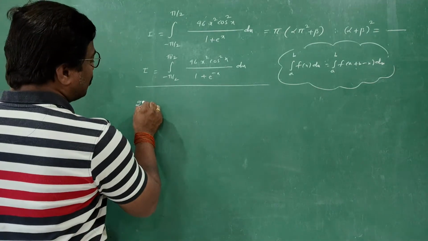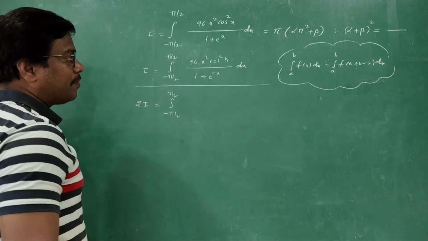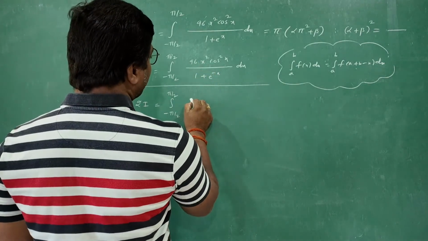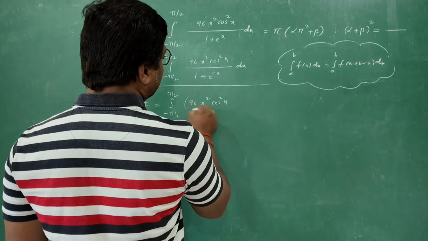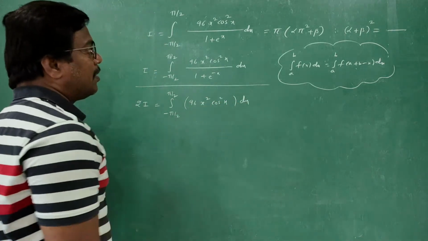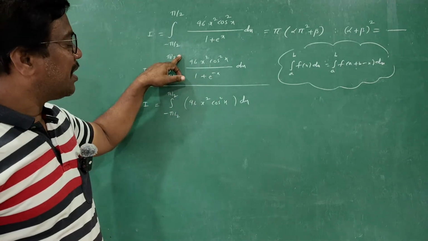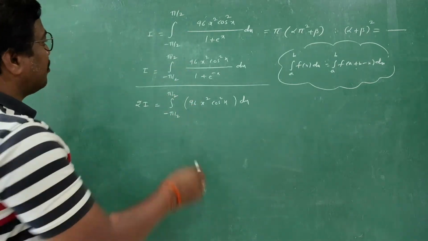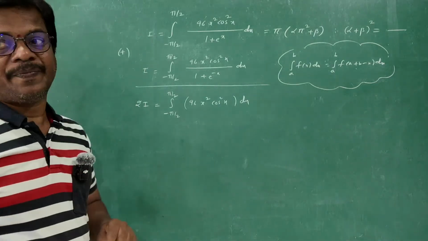Now 2I becomes, from minus pi by 2 to pi by 2, on simplification, 96 x square cos square x dx. That's all. Why? Because it can be written as 1 by e power x. So you'll get e power x by e power x plus 1. So by adding these two, 1 plus e power x gets cancelled. You'll get like this.